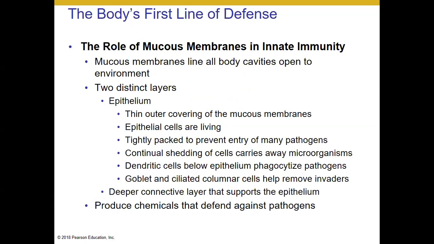Okay? Those are all mucous membranes. Those are all open to the outside environment. In fact, the alimentary canal, part of your digestive system, is considered a completely open system, from your mouth down to your anus, right? That technically is an open tube, even though we don't think of it that way. That is an important mucous membrane that pathogens can take advantage of.